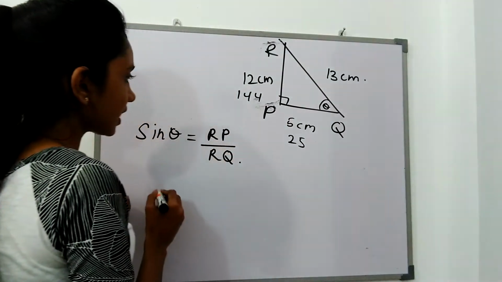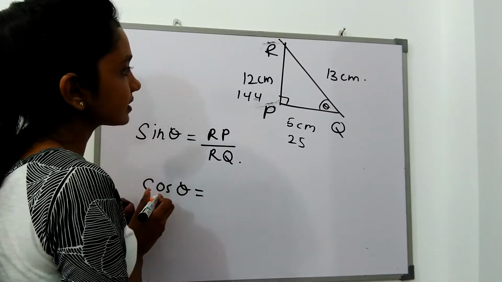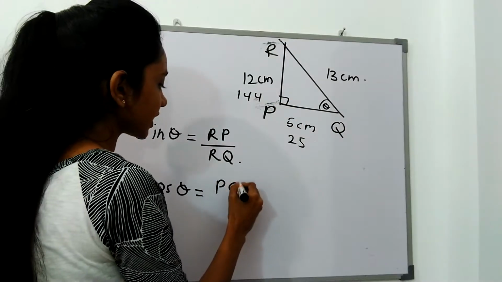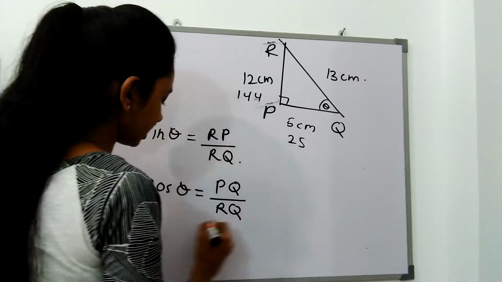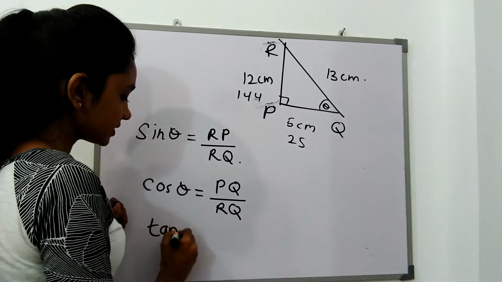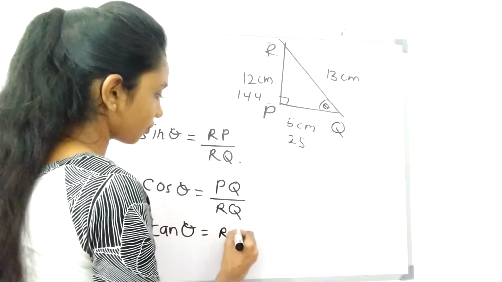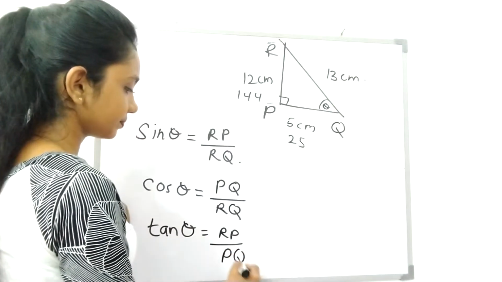And if you consider cos theta, cos theta is equal to PQ over RQ, that means adjacent side over hypotenuse. Now tan theta. Tan theta is equal to opposite side, it is RP, over adjacent side, that is PQ.